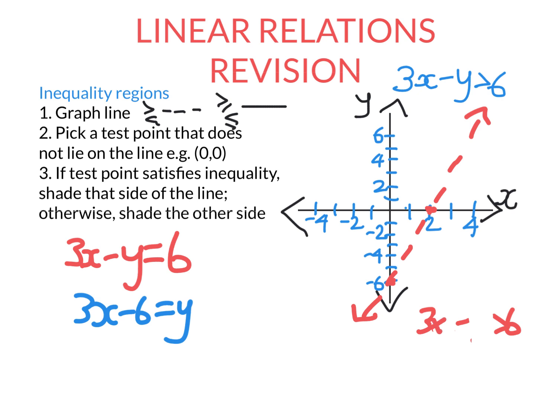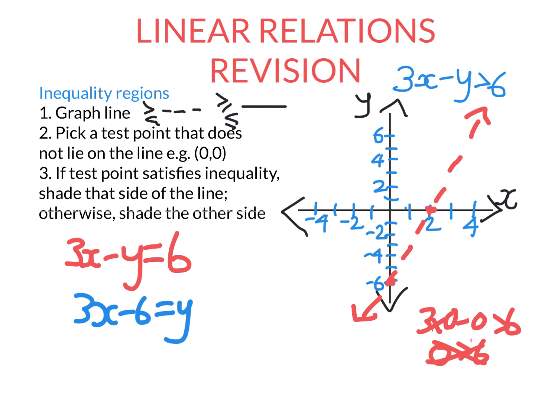So I get 3 times 0 minus 0 is greater than 6, this is saying 0 is greater than 6. Clearly, that's false. So what that means is, because 0, 0, which is here, did not satisfy the inequality, I shade the other side of the line.